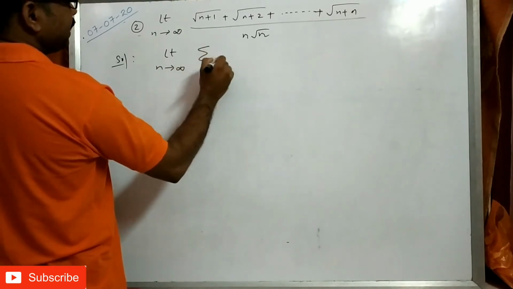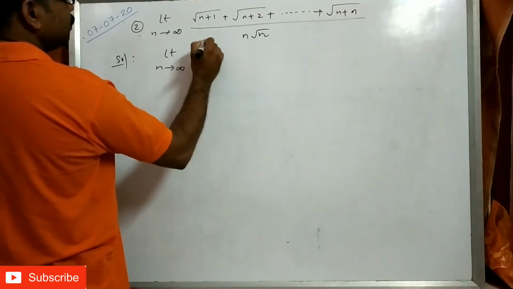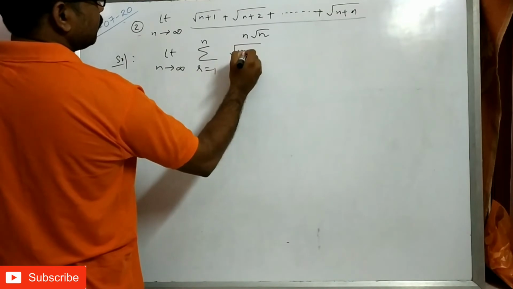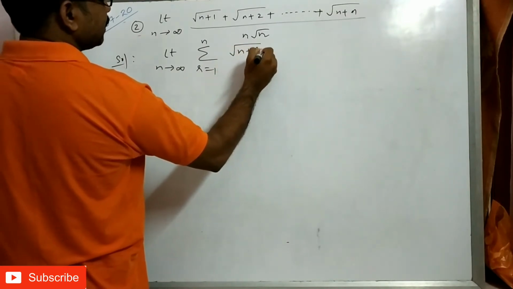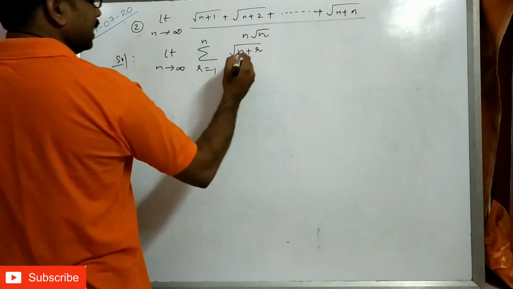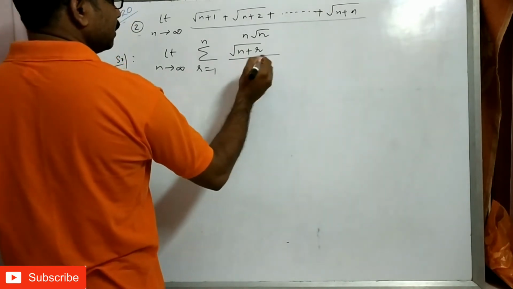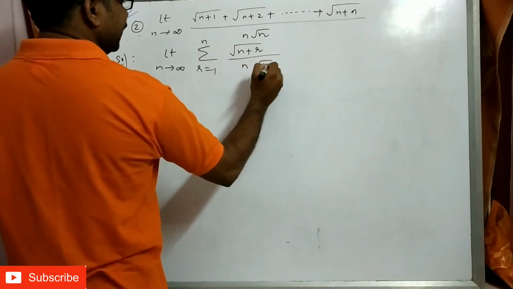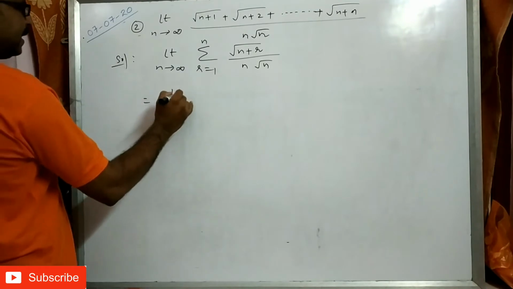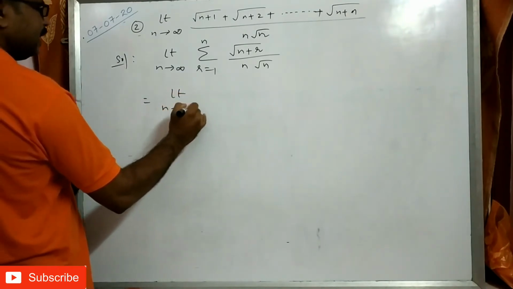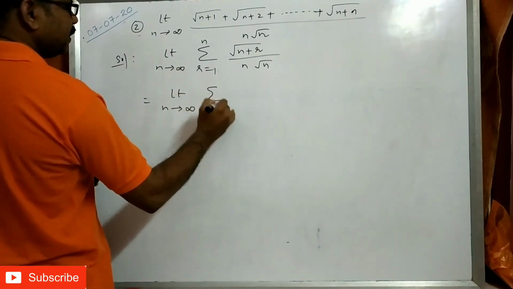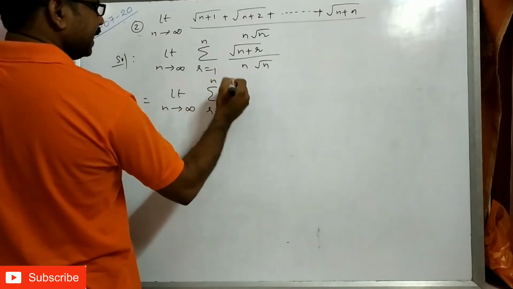This can be written as summation r equal to 1 to n square root of n plus r upon n root n. I will take n common there, summation r equal to 1 to n. I will take n common.